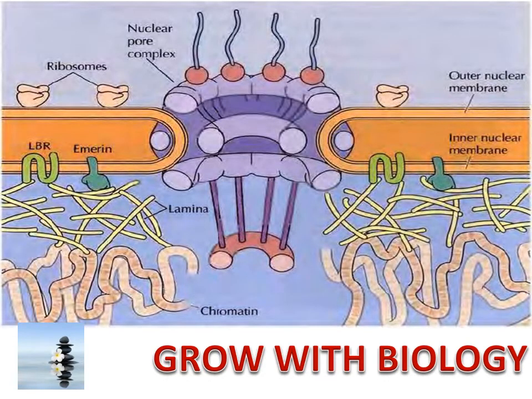Now this structure represents the nuclear pore. The nuclear pore has a diameter of 120 nanometers and a molar mass of 125 million daltons. It has 30 different proteins, and it is 30 times the size of a ribosome.